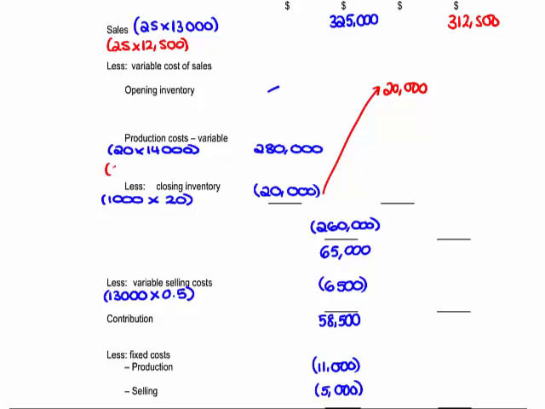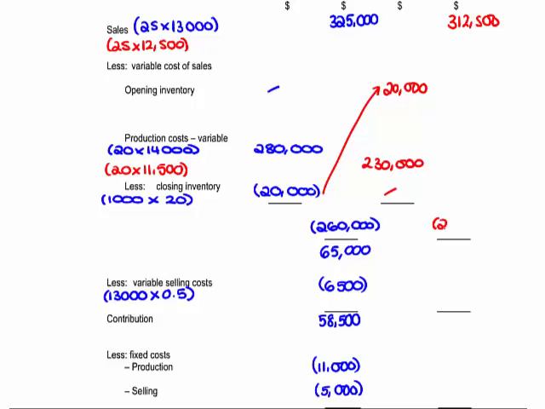Production in year 2 is still $20 per unit, but in year 2 we only made 11,500 units. So our production costs were 230,000. Now we need to think about inventory levels. We had 1,000 and we made 11,500. That's 12,500, and that's exactly equal to the number that we sold, so there's no closing inventory.